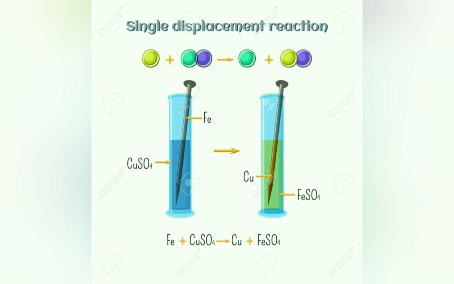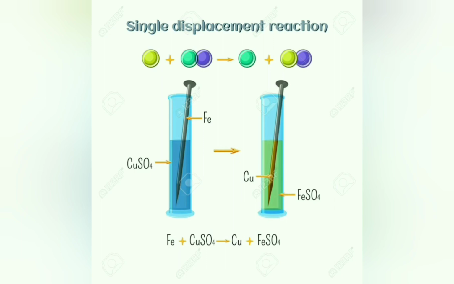This observation happens because iron from the iron nail dissolves into the copper sulfate solution and displaces copper from the copper sulfate solution and forms ferrous sulfate solution. The color of ferrous sulfate solution is green.